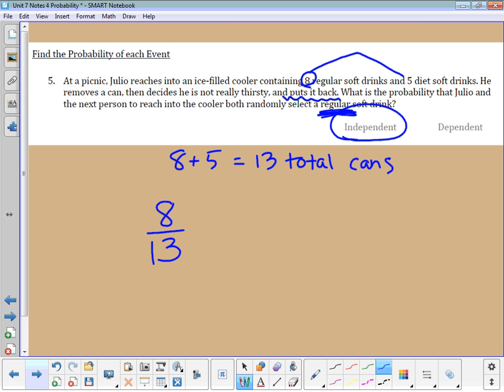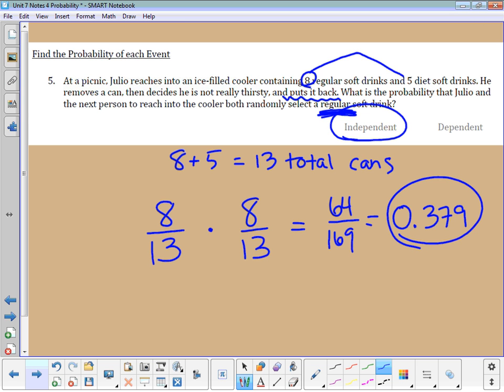He's going to look at the can, put it back in the cooler. Someone else walks up. They also have an 8 out of 13 chance of picking out a regular soft drink because the can was put back. So if I take these two and I multiply them together, that means I end up with 64 out of 169. Or you can write this as a decimal. Typically, we want to round these out to the third decimal place, so that would be 0.379 in this case. There's your probability.